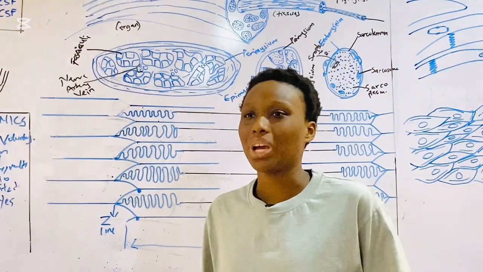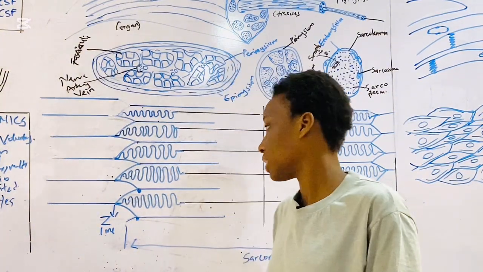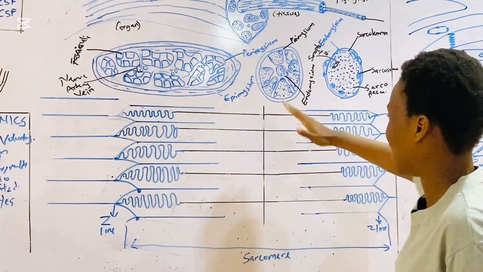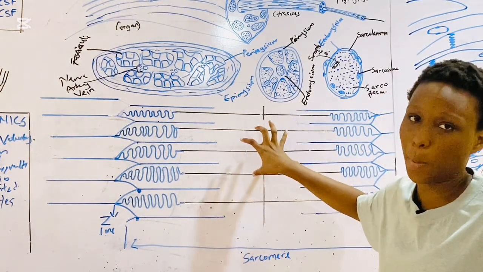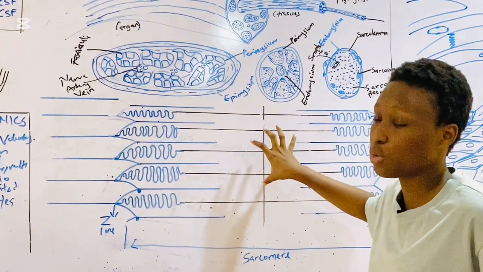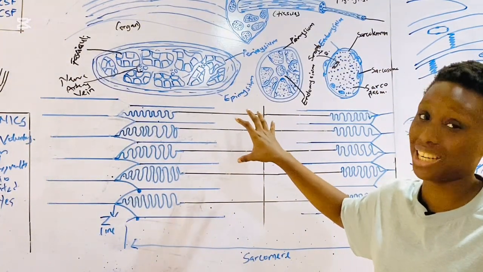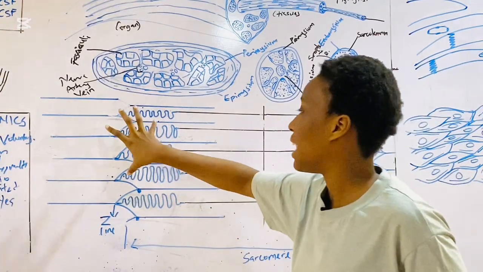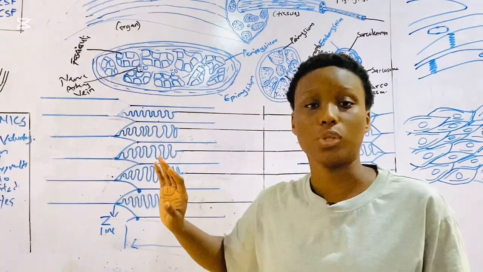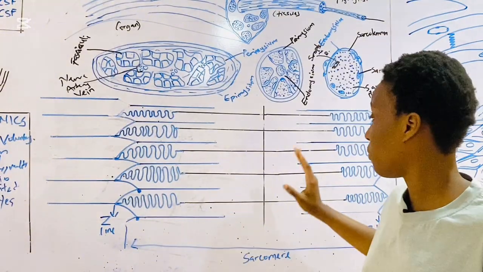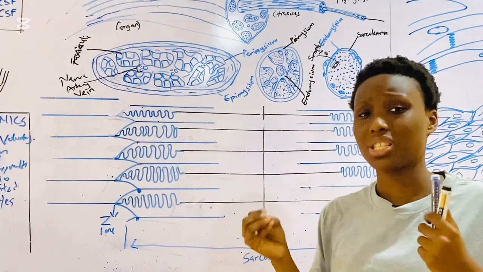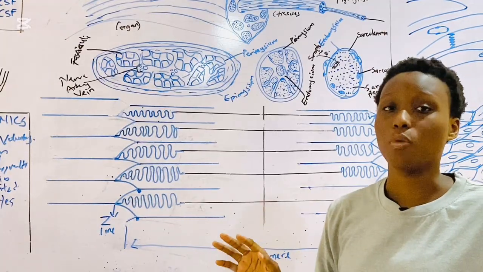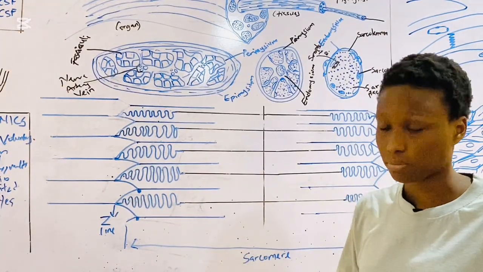Let me explain. We have the light band and we have the dark band. Everything that is black here is going to be our dark band. I used black because black is supposed to be darker than blue. So this is our dark band, and this is going to be our light band. After this video, please ensure to research so that you physically see what I'm talking about, so that this will stick in your memory. Go to Google and search for microscopical view of the myofibril longitudinal section.